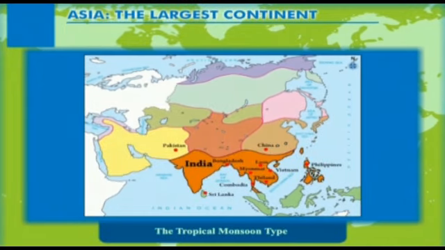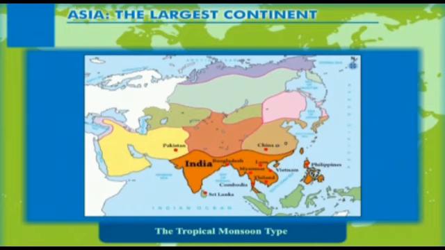The next one, the most important type, is your tropical monsoon type of climate. This type of climate is experienced by the region covering South Asia, Southeast Asia, and the Indian subcontinent. Let's see the features of this monsoon type of climate. Number one, hot summer and cool, dry winter. So summers are hot, but the winters are cool and dry.